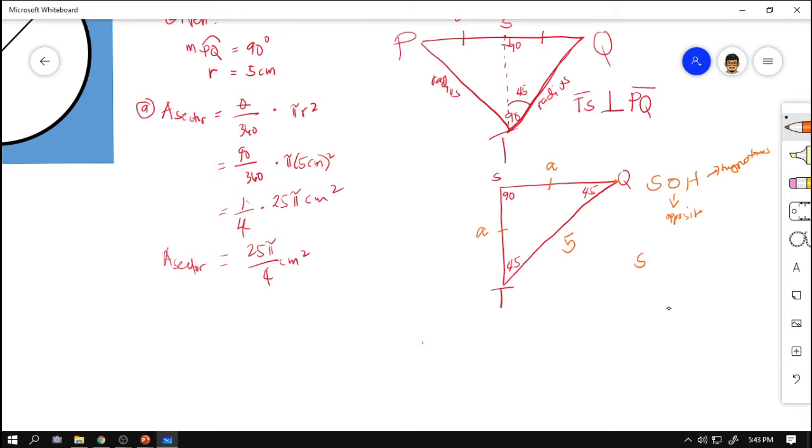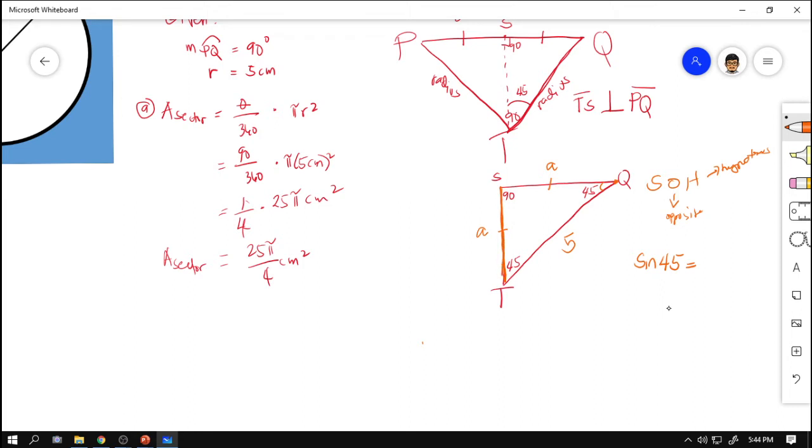Therefore, the angle that you are looking for, say ito, 45, sine 45 is equal to, anong ka-opposite nitong angle na to? Ka-opposite yung katapat niyang side. So, itong side na to. Okay? So, sine 45 is equal to opposite. Anong sukat nitong opposite natin dito?